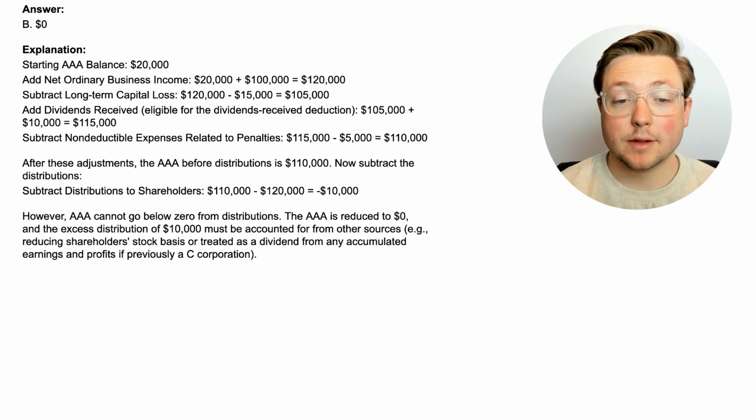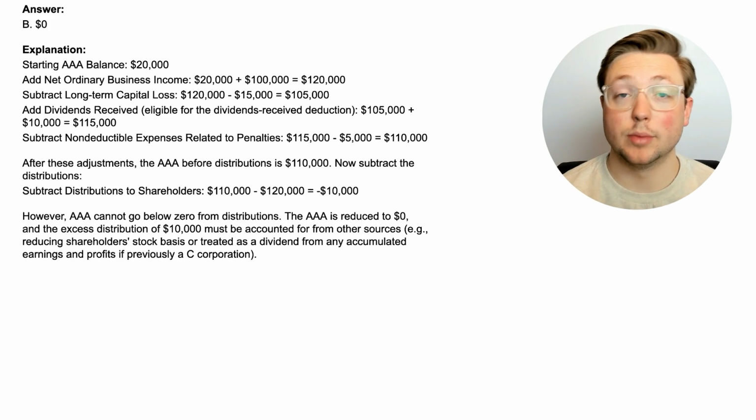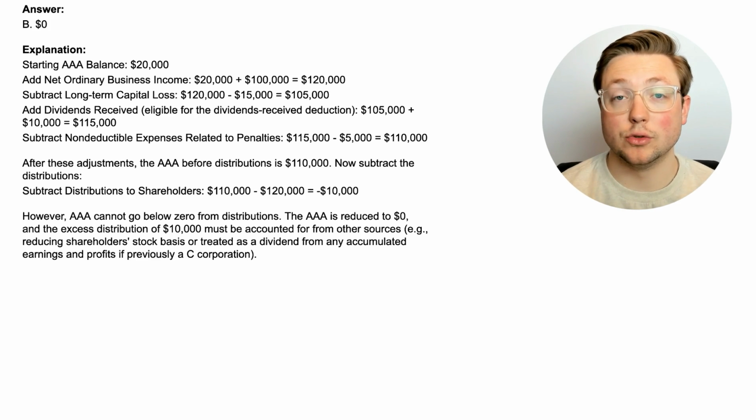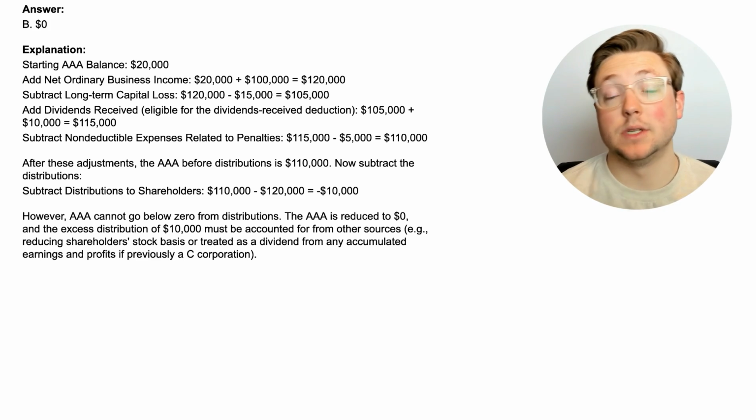So the starting AAA balance is $20,000, and we do all the normal stuff, and that before distributions leaves you with a $110,000 AAA balance. But when you subtract distributions, they can only take it to 0. And let's read about that. However, AAA cannot go below 0 from distributions.